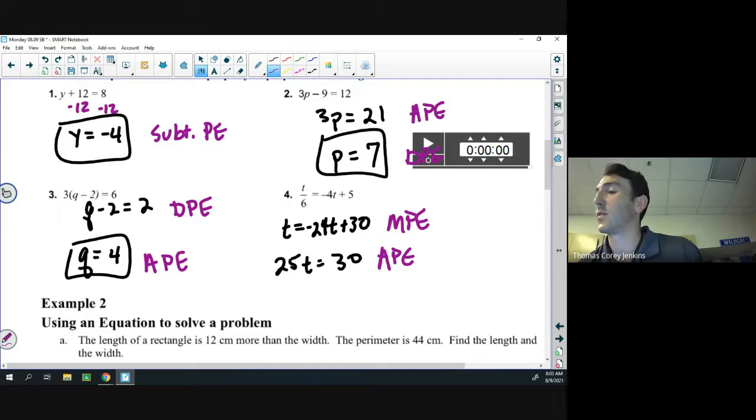Then divide both sides by 25 to get t equals 30 over 25, which is equivalent to 6 over 5 or 1.2. Either way would be fine. We'll go with 1.2 since that's what our volunteer had.